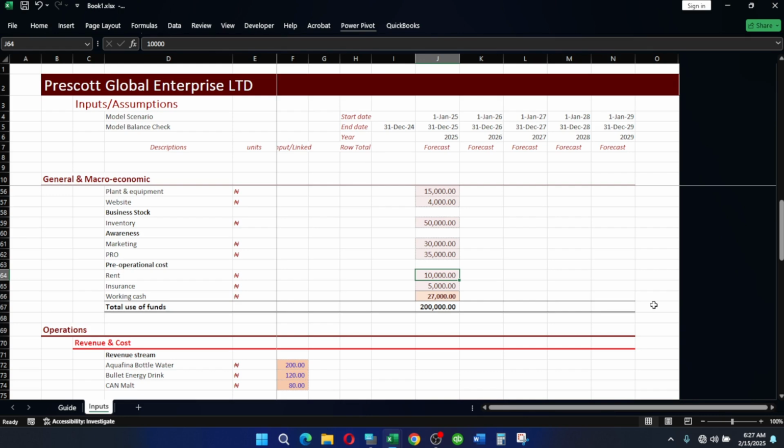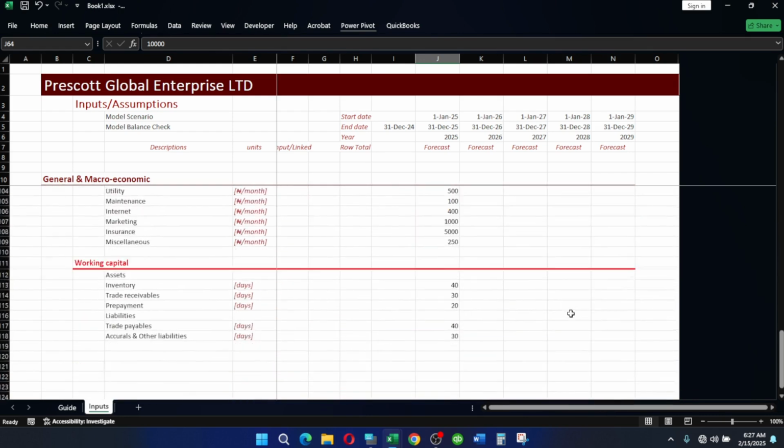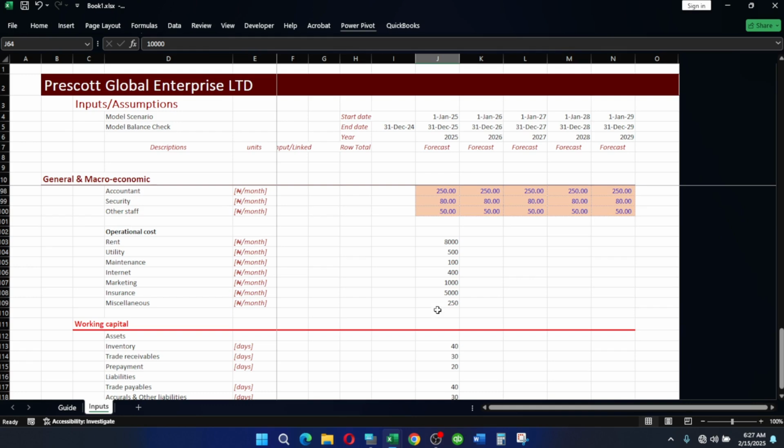So we are going to now say, okay, our operational cost for rent is going to be 8,000. Then for utility is going to be 500. Then for maintenance it's going to be 100. Then for internet it's going to be 400. We have marketing is going to be 1,000. We have insurance is going to be 500.